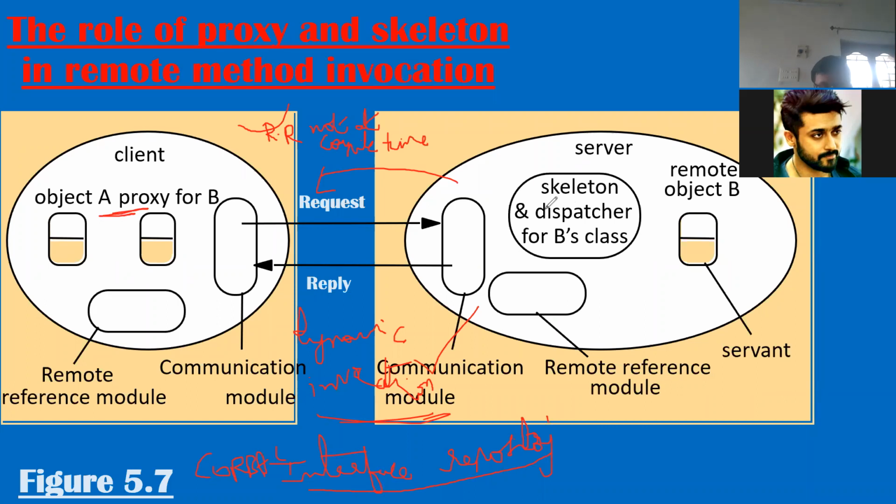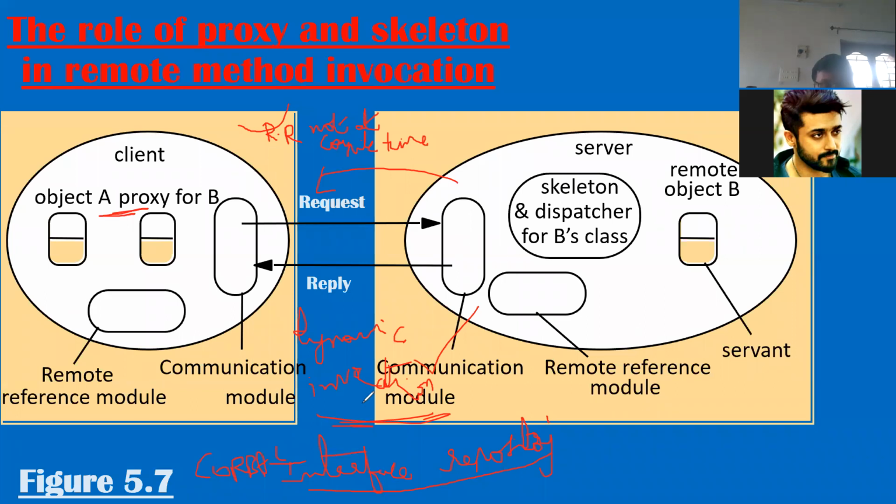For example, we will see in Java RMI how this dynamic invocation happens. Like a class called the whiteboard application, it could be to draw a circle, square, or any shape that was not predicted at compile time.